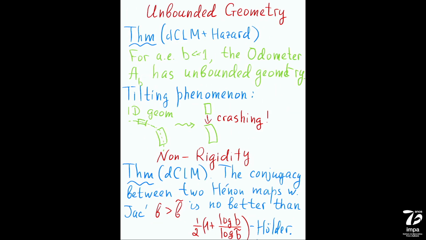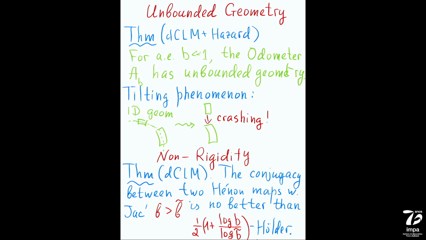What we realized sometime later, after a lot of suffering, is that actually the geometry of this odometer is not necessarily bounded. Bounded geometry means that we have a Cantor set created through two pieces, and two pieces inside of the previous two, and so on.